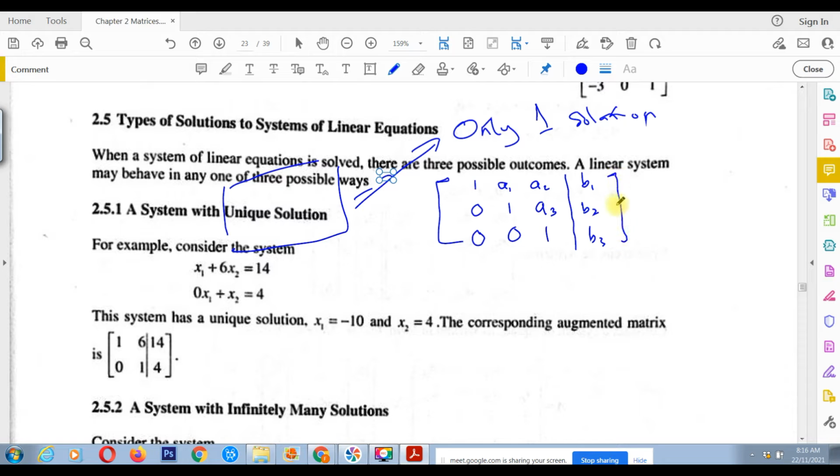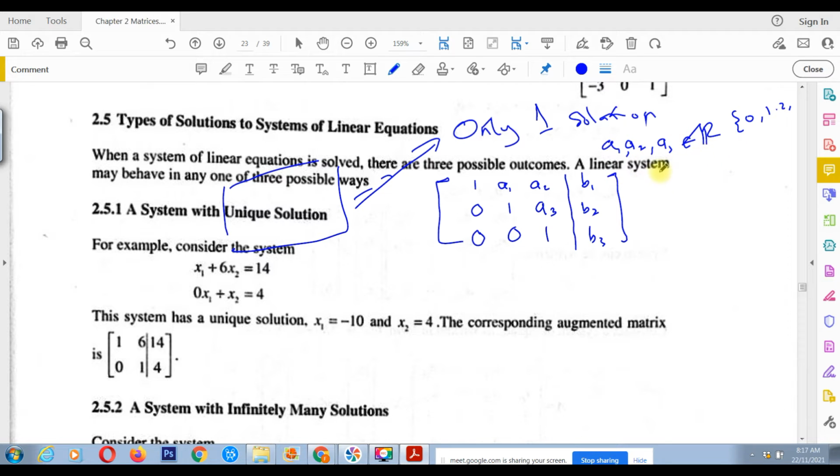If we have this type of solution, where A1, A2, A3 are real numbers, meaning including 0, 1.2, or any numbers in the real numbers.